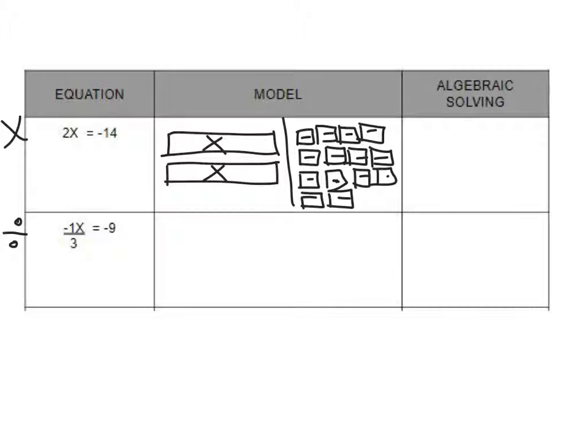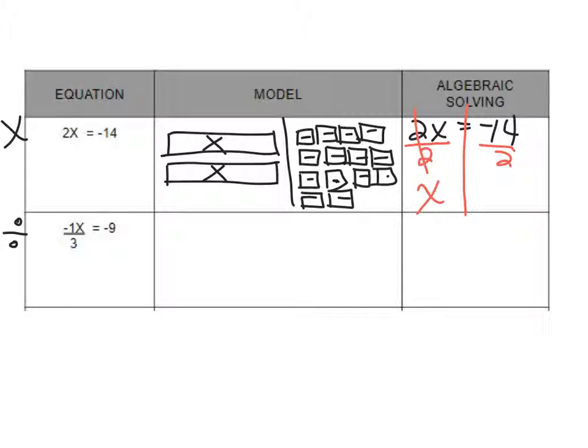Okay, so now I'm going to show you algebraically how to do it. We have 2x is equal to negative 14. In order for me to solve this, I'm going to divide by 2. Remember when we draw a line and put the 2 on the bottom? That is division, another way they'll show division. So 2 divided by 2 is 1. I'm going to draw the line here.